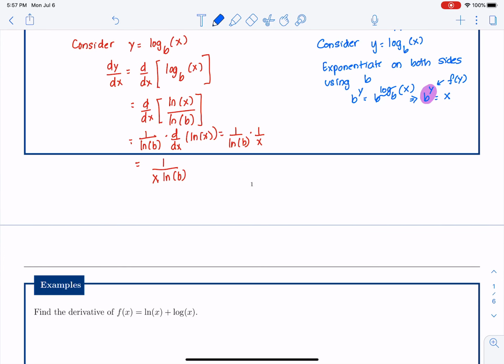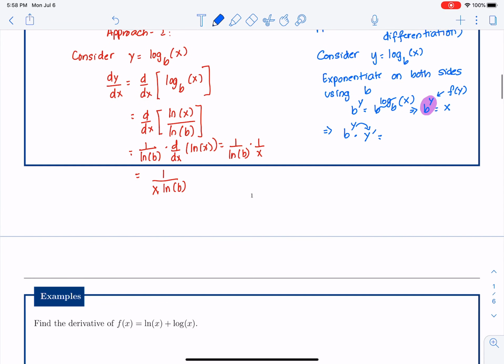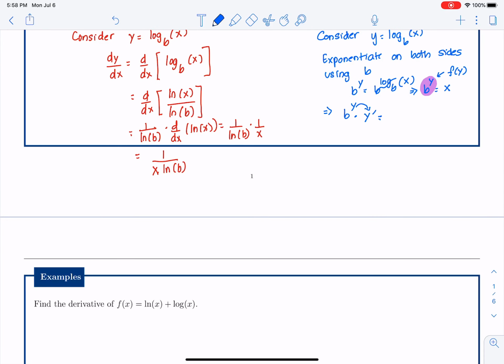We are going to treat the y as x, and if that is the case, the derivative of b raised y is simply b raised y, but then we've got to multiply by the derivative of y itself. So y prime, it would be the derivative of y. And on the right-hand side, we have the derivative of x, which is 1.